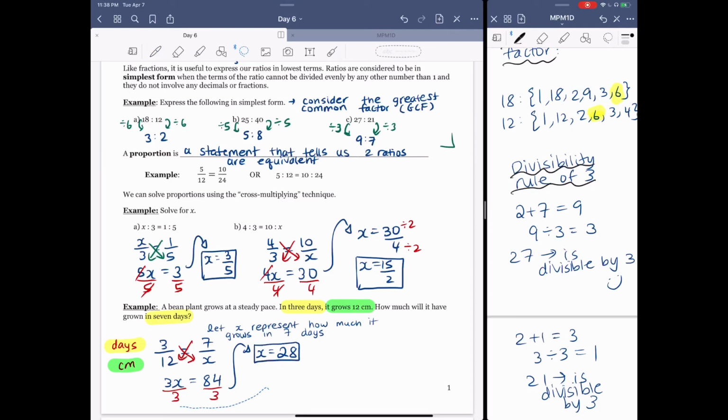Before I move on, I just want to make sure you are simplifying your fractions as you go along. So I'm trying to work without a calculator. You don't have to do that, but in my case I am.